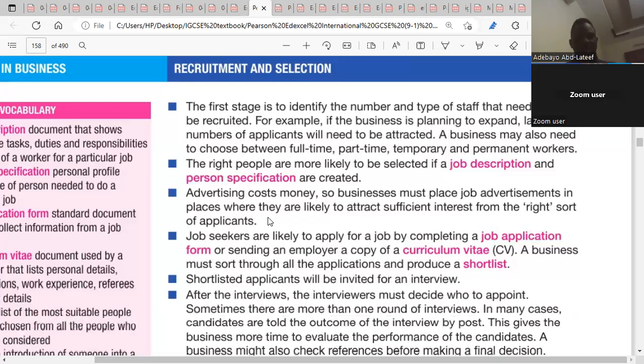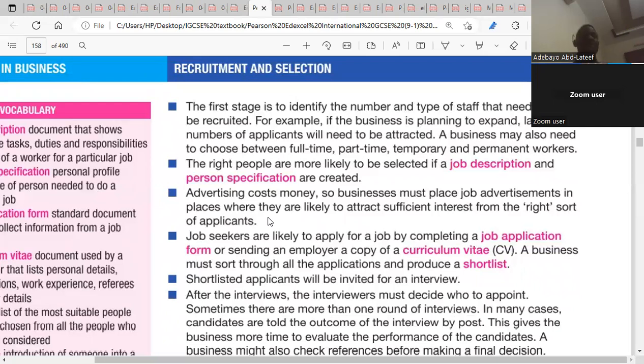Then the third one, advertising cost. One thing you have to understand about advertisement is sometimes businesses might need to recruit within the organization. There might be a vacant position in your company, and you don't need to tell people outside. You want someone within your organization to take the position. It is possible, right?